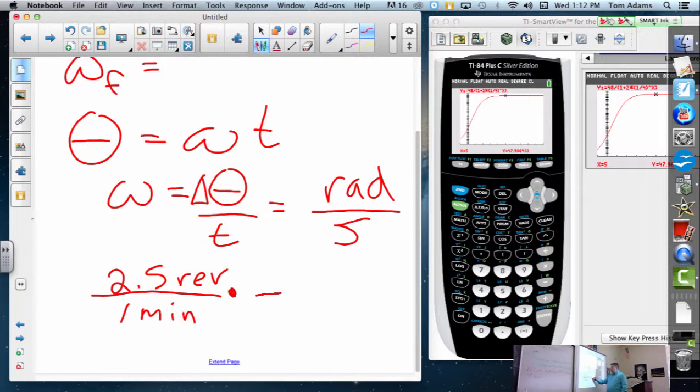And you guys were half right. We were going to need to convert that 1 minute into seconds. But what do I need to convert? I don't need to write out seconds. So that's right, but I need to do one more conversion.